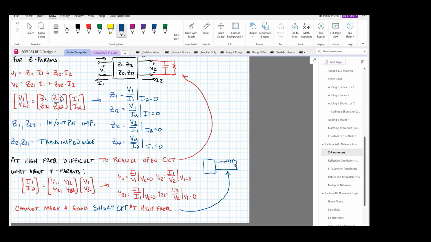So that motivates the need to come up with something else in order to do our analysis. So we want to be able to measure it. Now, when we're doing on paper circuit analysis, I can make a perfect short circuit and I can make a perfect open circuit. This all comes down to when I actually want to measure something at high frequency, what do I do?